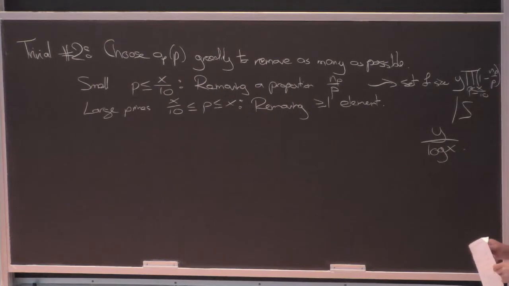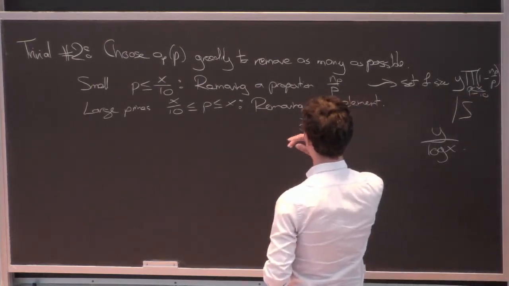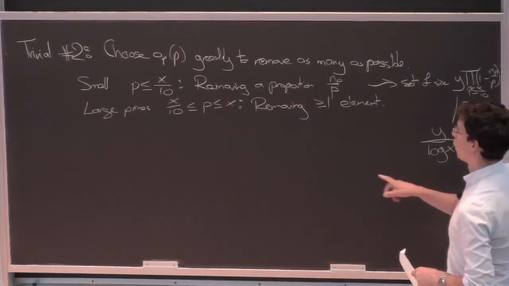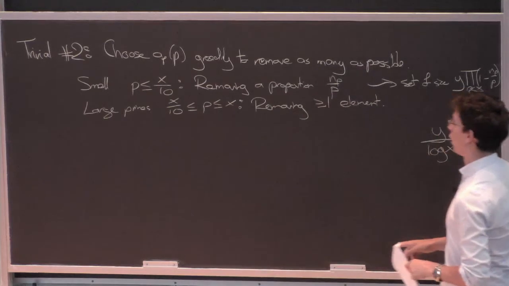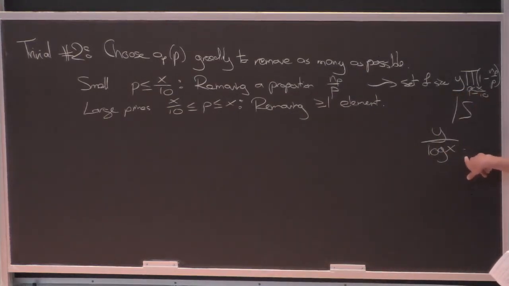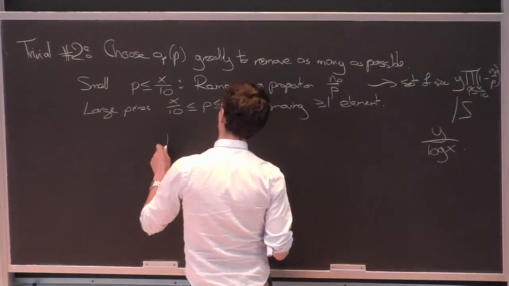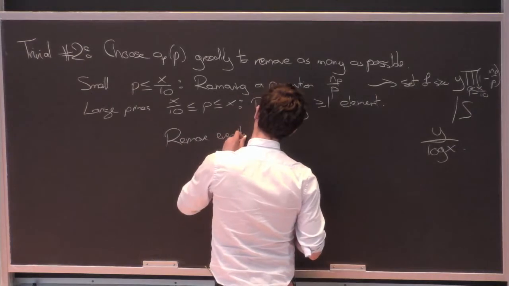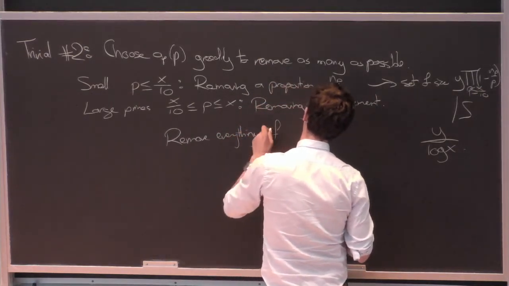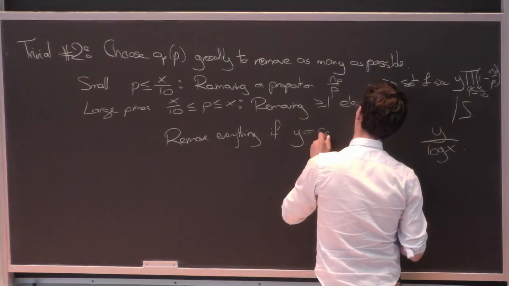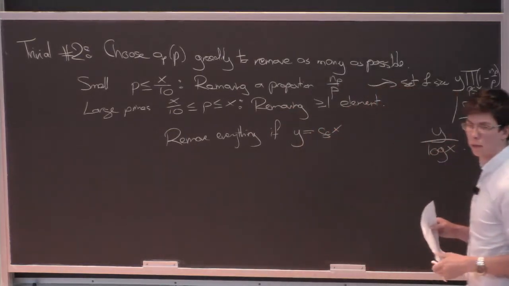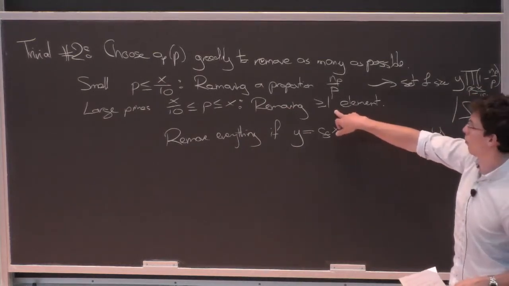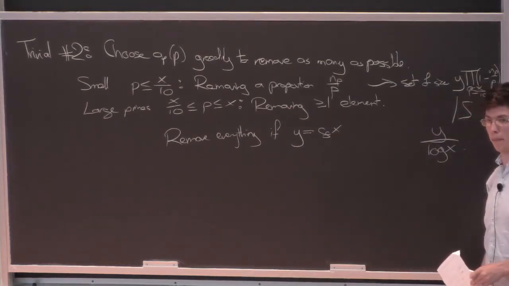Because on average, NP is going to be 1 whenever f is irreducible. So in particular, this means I would remove everything if the number of large primes I have is bigger than the number of survivors from the small primes. And so this means we can remove everything if y is some constant dependent on f times little x, just because the number of survivors here is smaller than the number of big primes, which is removing at least one each time.